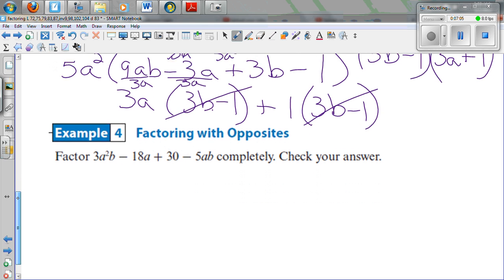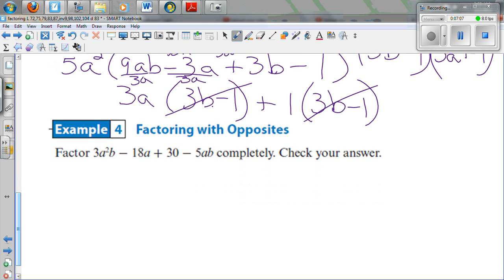And so if you do some factoring like this one, if we factored the first two, we could take a 3a out, and we'd be left with ab minus 6, because I'm going to take 3a off of there. And here, if we take a 30 and a negative 5ab, right away if we look at those, we know that if we take the 5 out, these are going to be in the wrong order.